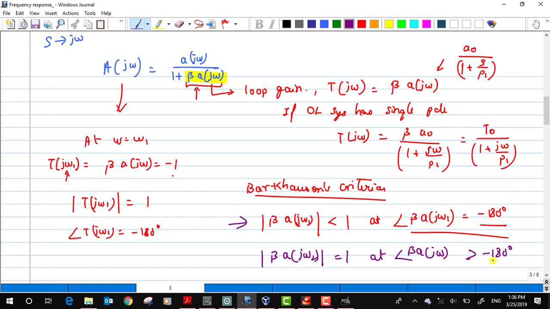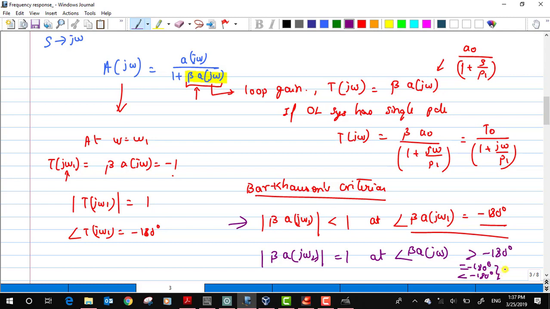I can also state the Barkhausen criteria the other way. I am looking at the magnitude and seeing at what frequency the magnitude of the loop gain becomes 1, and at that particular frequency I'm looking for the phase value. If the phase value is greater than minus 180 degree, then the system is stable. But if it is equal to minus 180 degree or less than minus 180 degree, then the system becomes unstable.